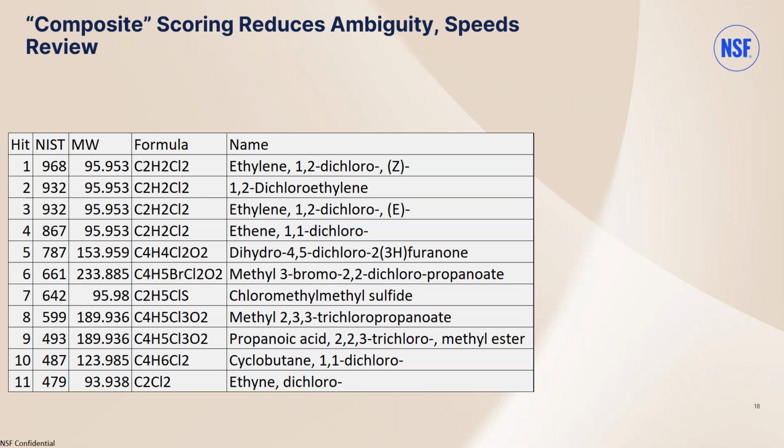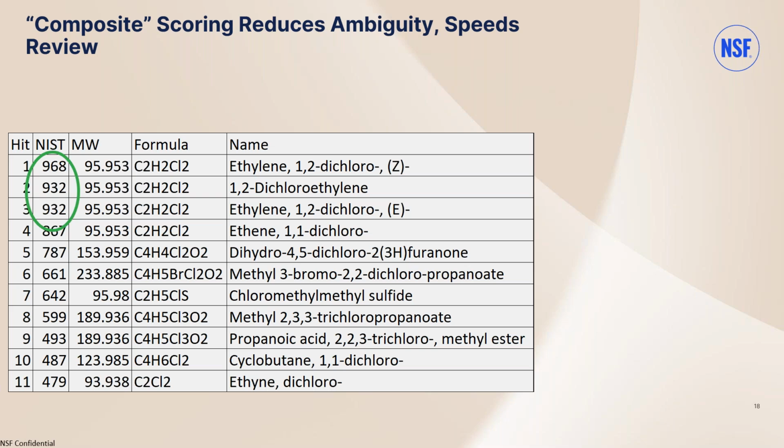So this slide is to start talking about the identification features of GCID. This is a standard NIST search, and you can see the possible identifications for an unknown peak are basically listed by their forward search ranking.